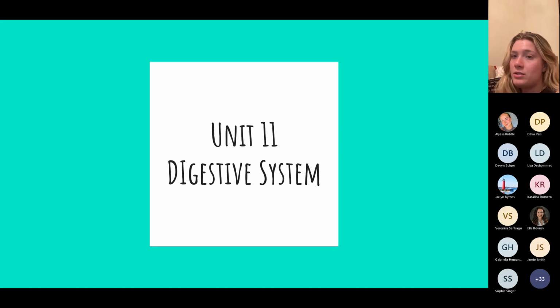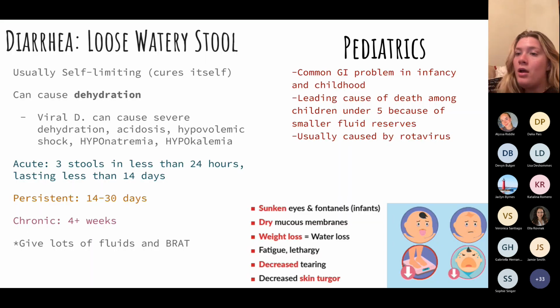So now we are going to talk about our digestive system. So what's our main concern with diarrhea? It's going to be dehydration and fluid and electrolyte imbalances. So if I have specifically viral diarrhea, diarrhea caused by a virus, I'm at risk for hypovolemia.